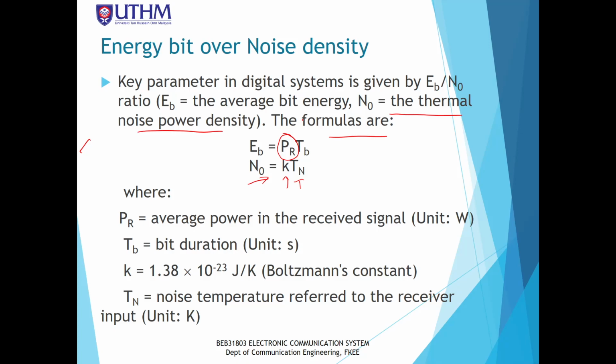Okay, in analog we use the SNR, but in digital most of the time we normally use the Eb over N0. It is more practical to use Eb over N0 compared to the SNR, signal power to noise power.